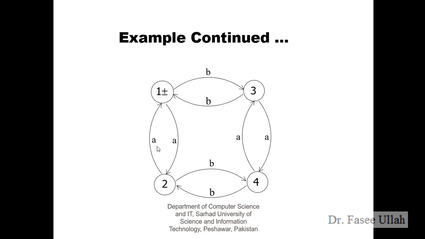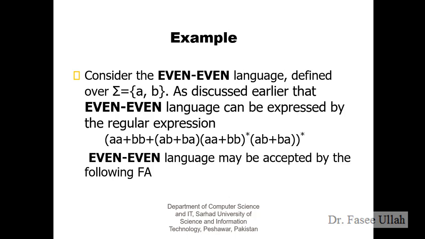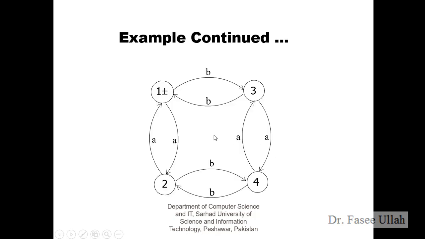Keep in mind we have to see the even. Another example: AB plus BA. This is A, this is B, then we have BA, this is B, and this is A. We can use this side as well. So it depends on the user query.